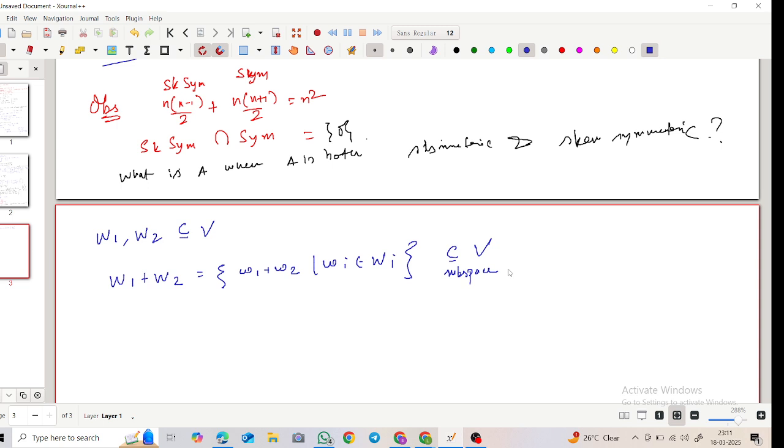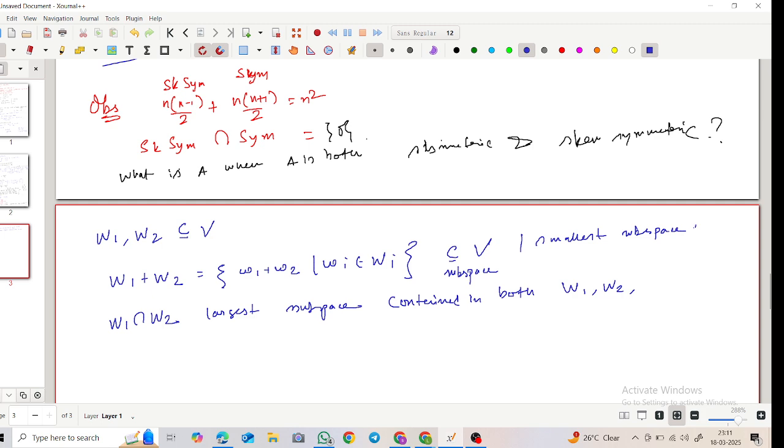And W1 intersection W2 is the largest subspace contained in both W1 and W2. So this is how you look at W1 plus W2, the smallest subspace containing W1 and W2.